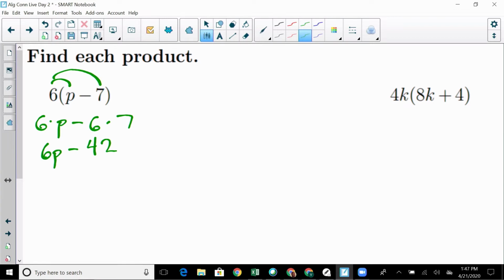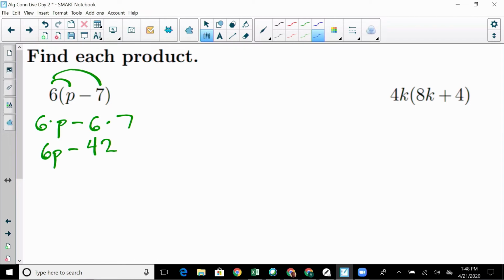So now let's take about 30 seconds. You see if you can do this at home. Okay?